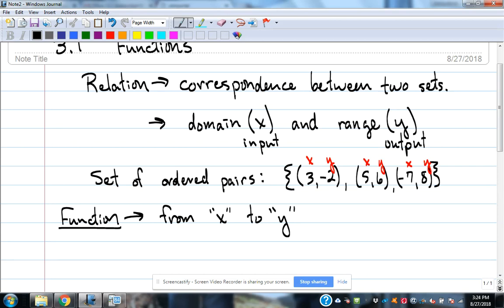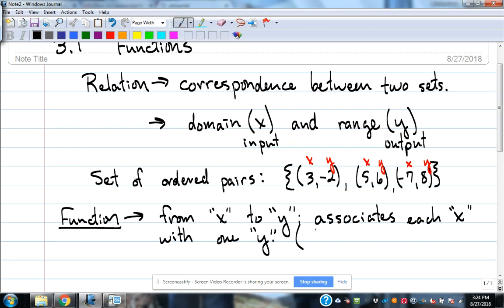So from x into y, what it does is it associates each x with one y value. The shorthand way of remembering that is it doesn't repeat x values.